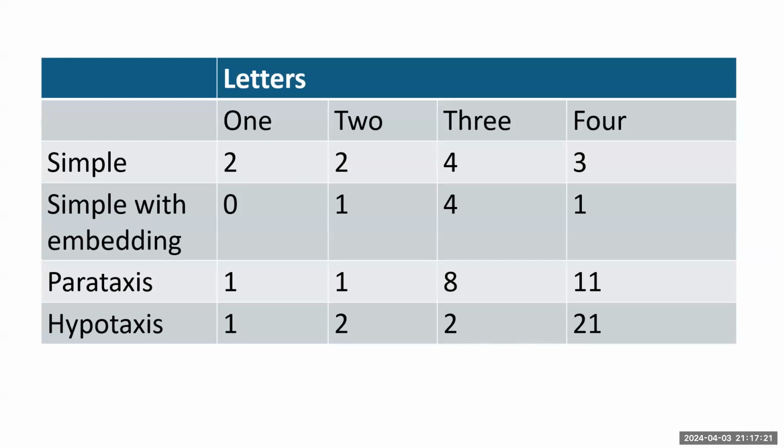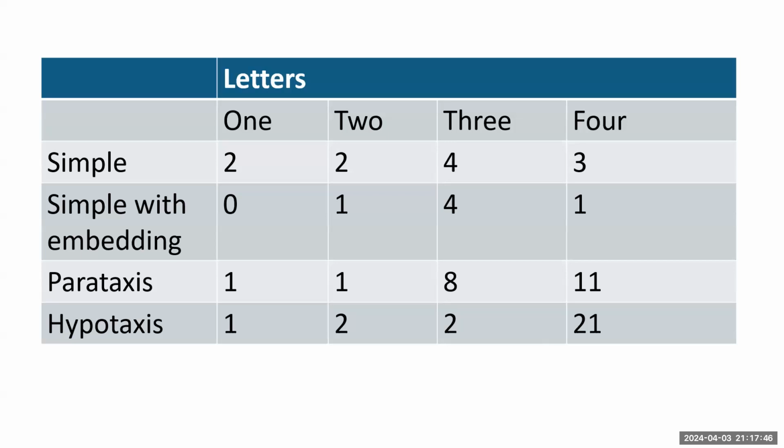Now we can do one thing, and that would be straightforward counting. I counted in terms of the letters, 1, 2, 3, and 4 letters. Simple. Okay, we notice that in the first letter we have simple, some hypotaxis.